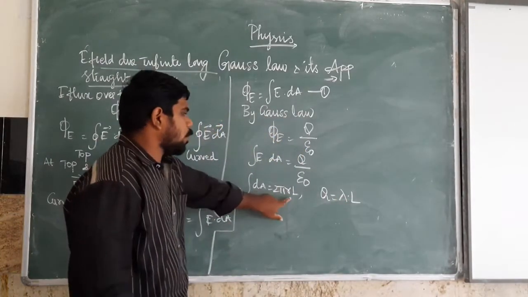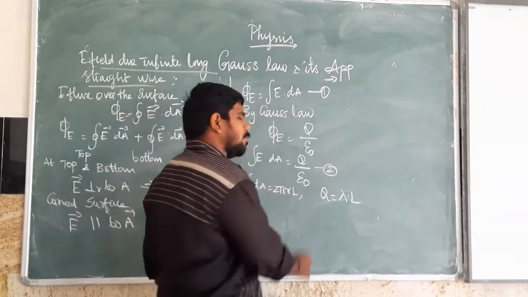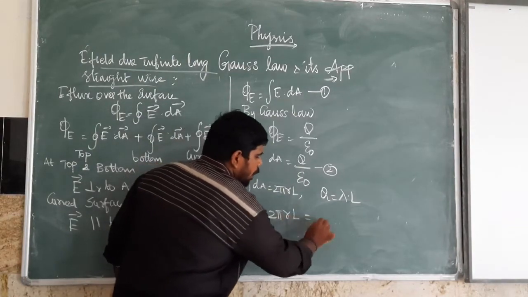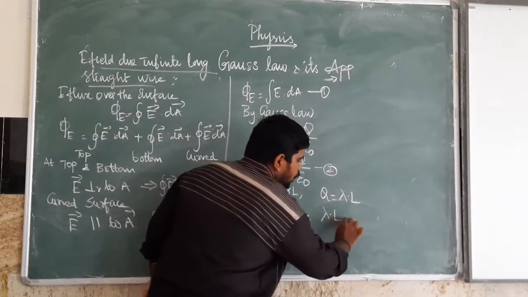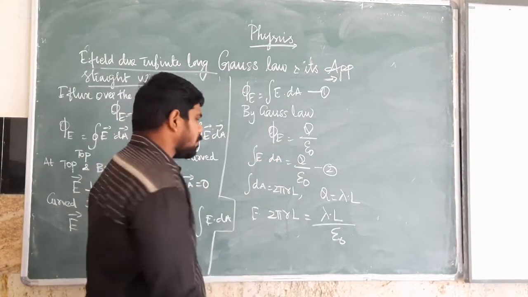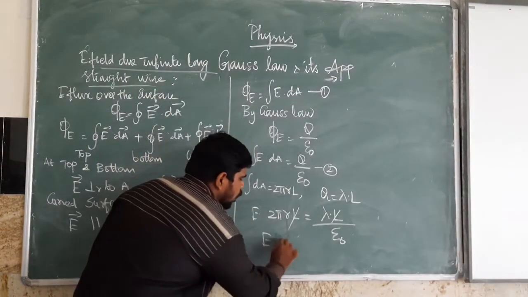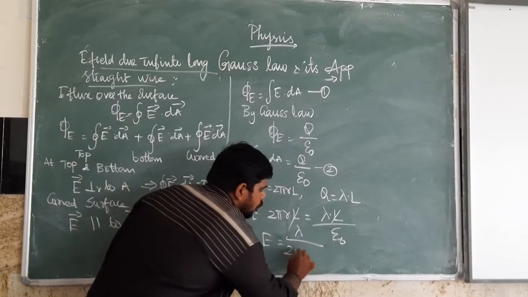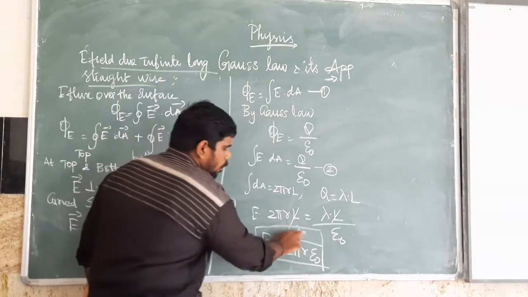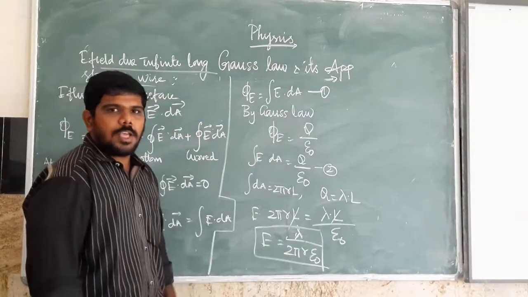So if we substitute these two expressions, what do we get in the above equation? E into 2 pi r L is equal to lambda into L by epsilon 0. The common term L will be cancelled. So E is equal to lambda by 2 pi r epsilon 0.